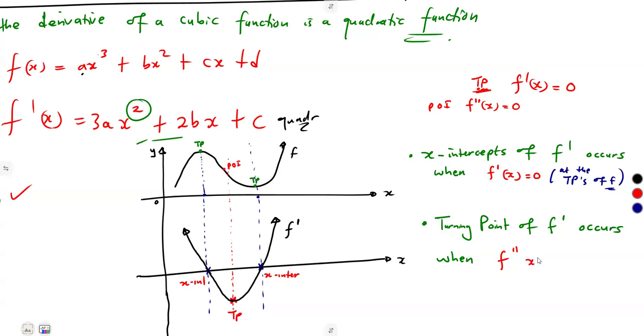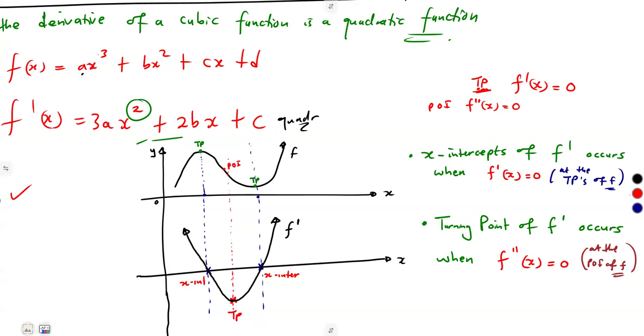When the second derivative with respect to x is equal to what? Is equal to 0. Thus, the condition of what? The point of inflection of what? The original function of f of x, the cubic function that you were given before. At the what? At the point of inflection of what? The original function f of x.